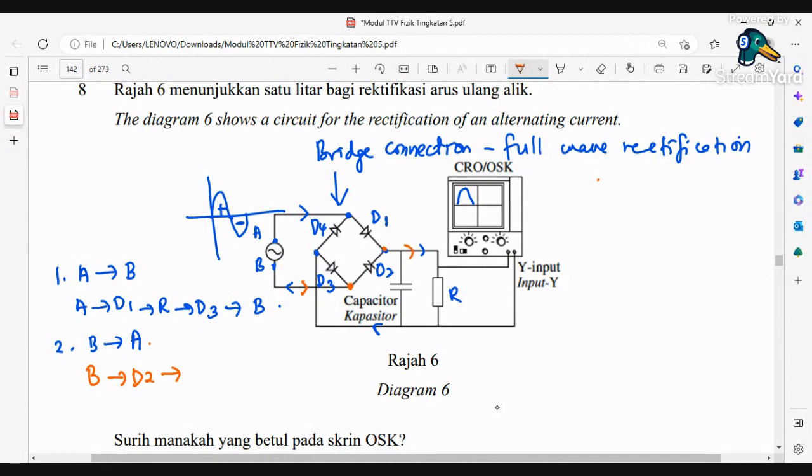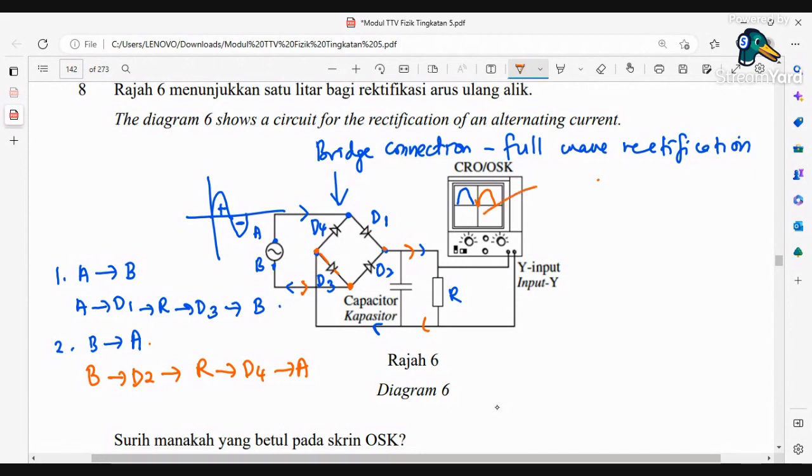Continue to pass through R, and then reach here, cannot go to D3 because it goes back to the same terminal, so go to D4, and then go to A. So for this one also, you can see the direction of current through R is the same. The next will also be in the same direction. So we can see from here the negative part is already rectified, becomes positive.